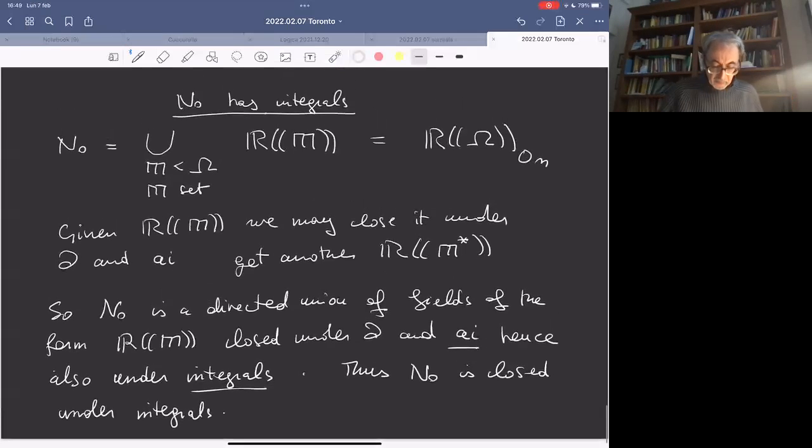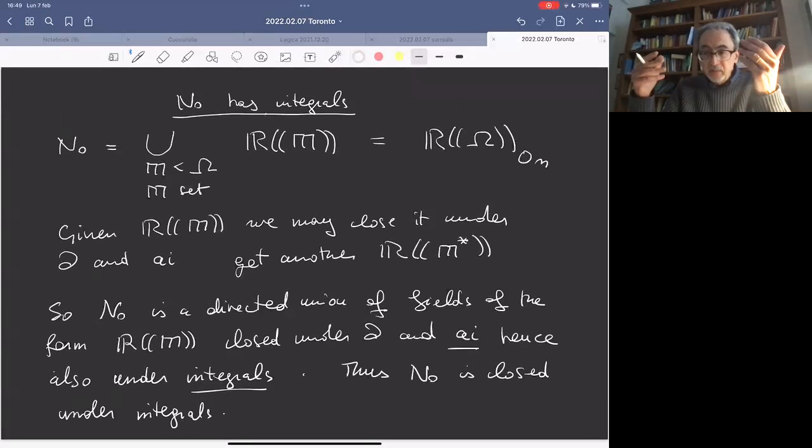And so we need all these lambdas. The lambdas are essentially the integrals of expressions involving the previous lambdas, and you need to add them all in order to be closed under integrals. If you take only set many of them, unless you... Why are the transseries closed under integrals?